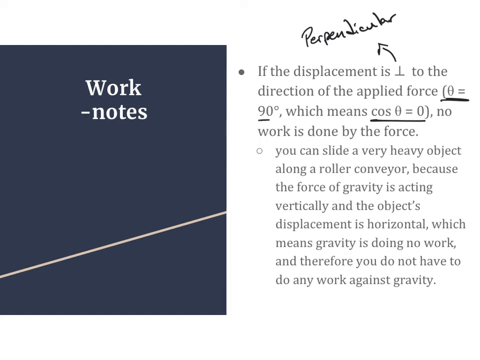So F D times 0 is 0. If the displacement and the force are perpendicular, no work gets done. And really, the reason for this is that there is no net force in the direction of the movement or in the direction of the displacement.